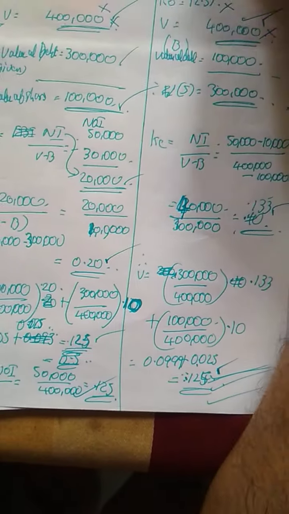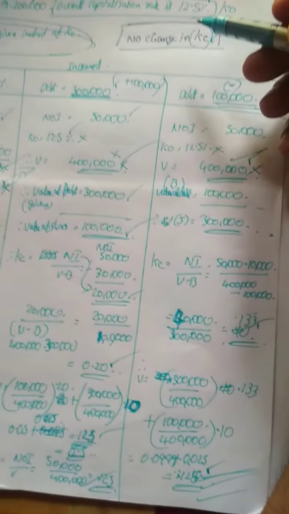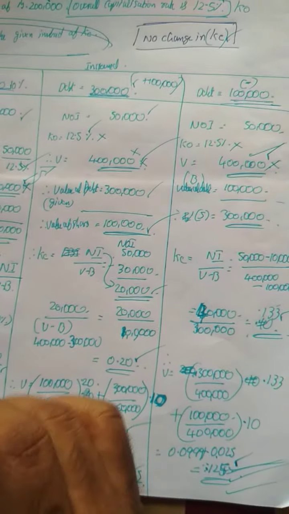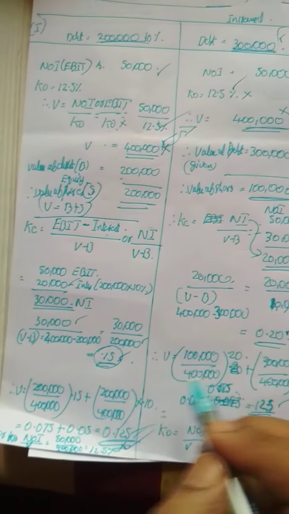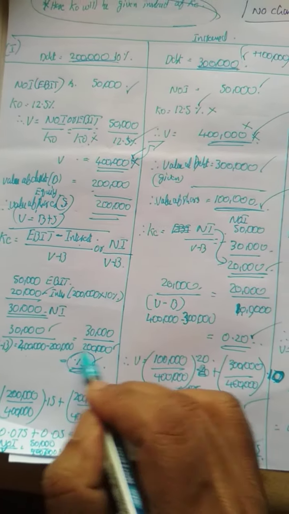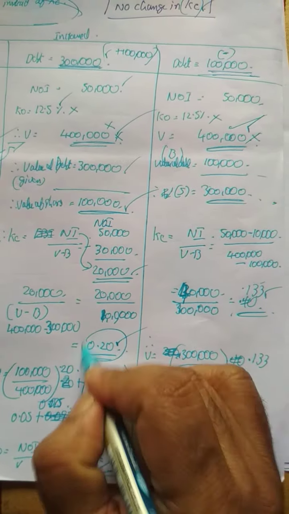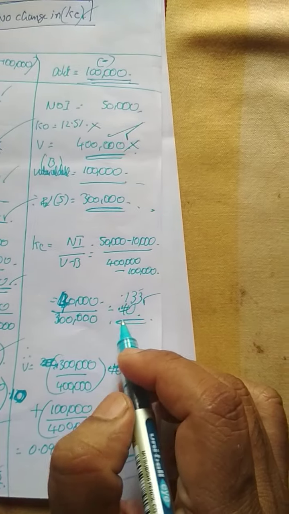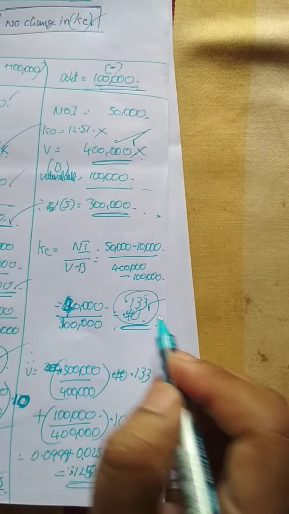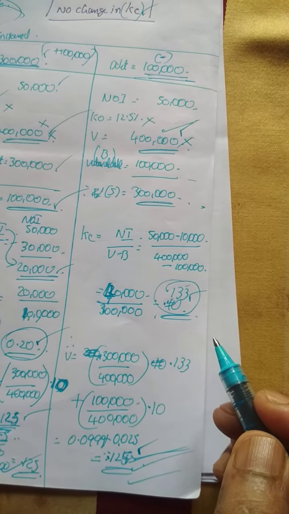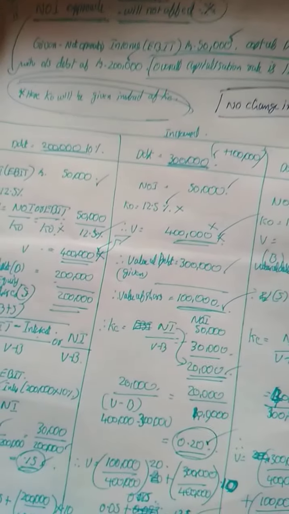It also remains the same. Only the cost of equity capital changes. In the first one, it becomes 15%, second one 20%, and third one 13.333%. So that's all about net operating income approach.